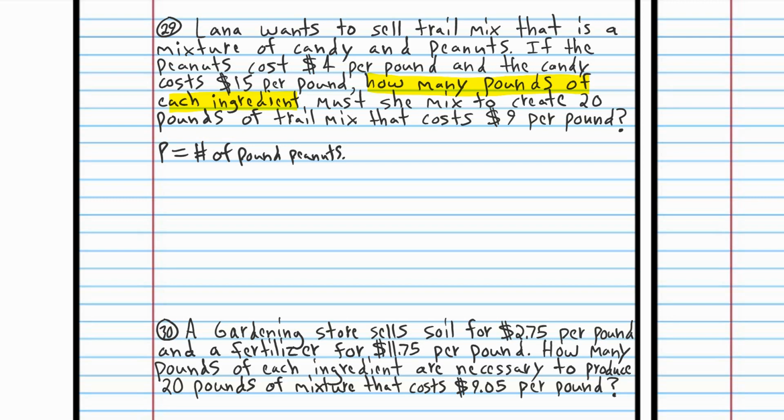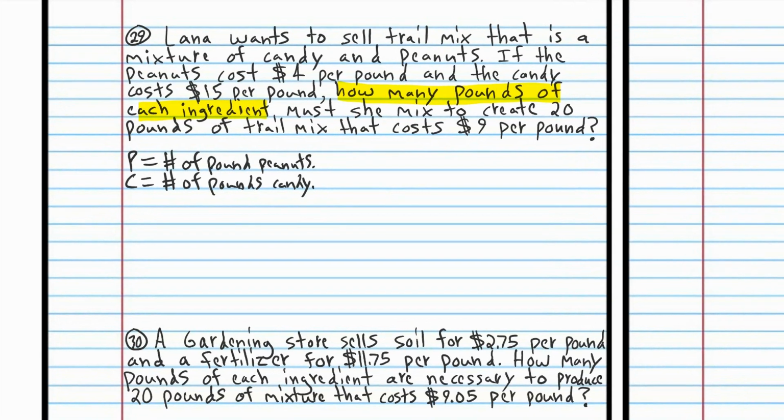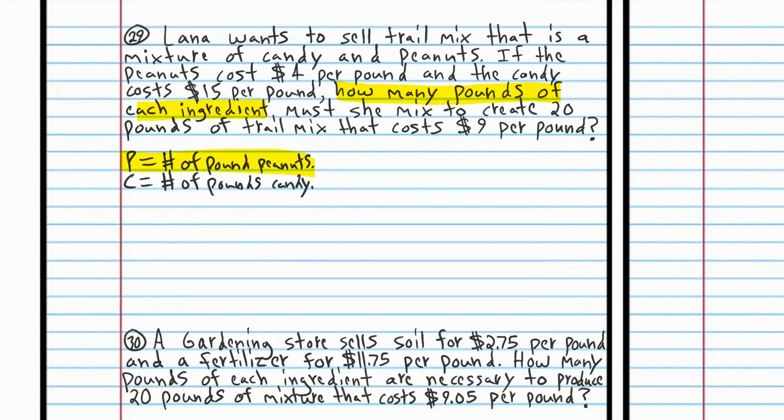And what else do we have? Candy. So C will be the number of pounds of candy. That's the most important part, to define those variables. If you don't do that, you're just going to be completely lost.